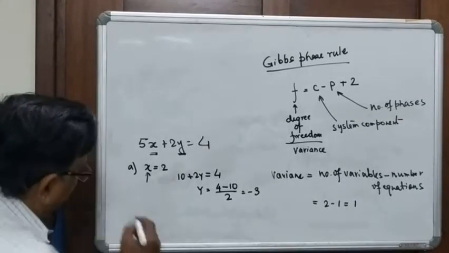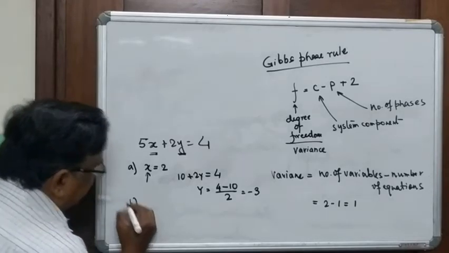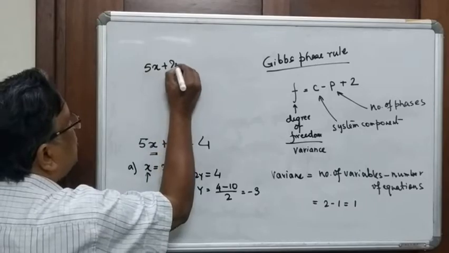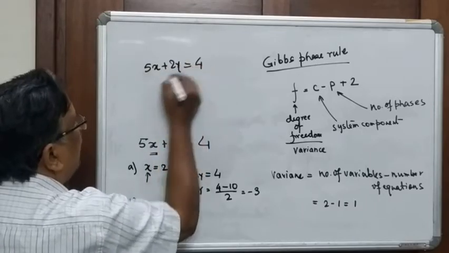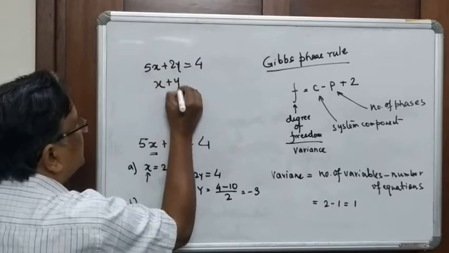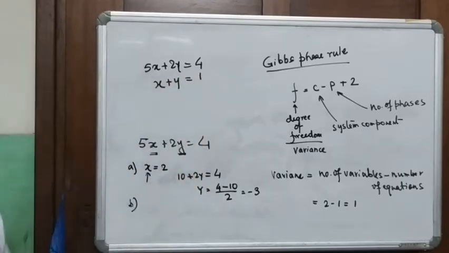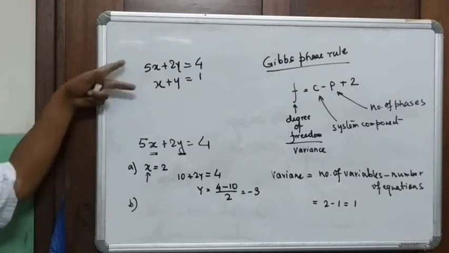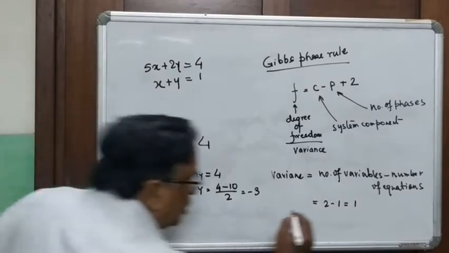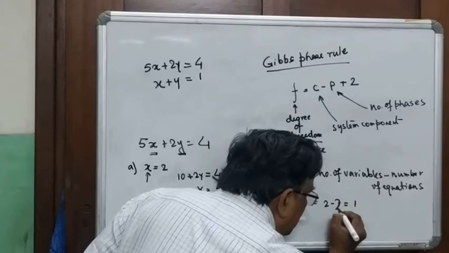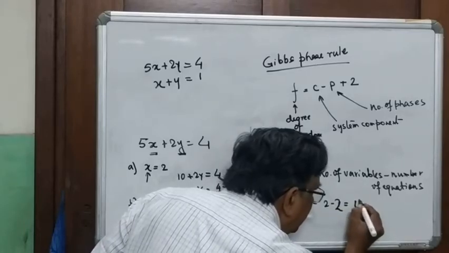Or another way could be, you could write 5x plus 2y is equal to 4 and x plus y is equal to 1. So now you have two equations. So it says 2 minus 2 equal to 0.